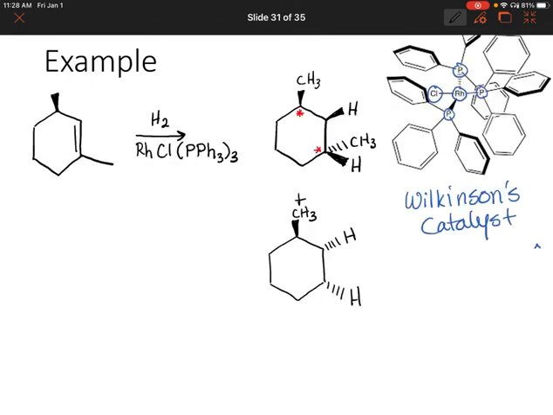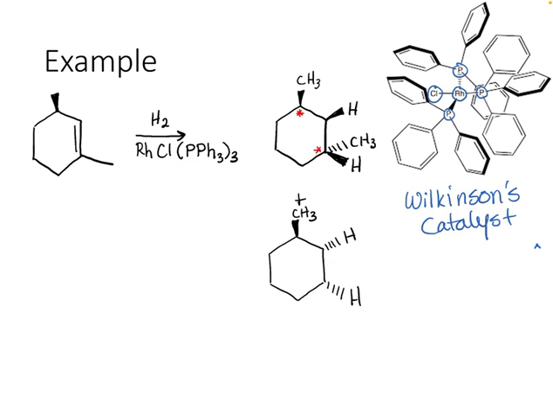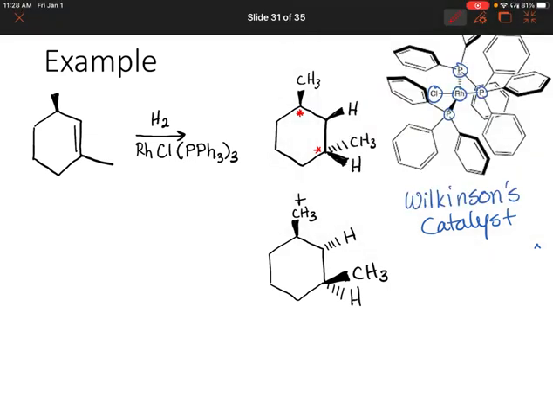Well, that other methyl group that was attached to the double bond will now be in a wedge position. Okay, so we still have two stereocenters. One stayed the same, it didn't change, but the other one did change.